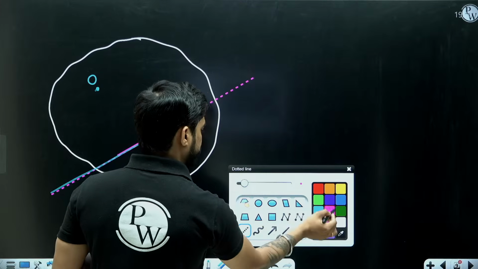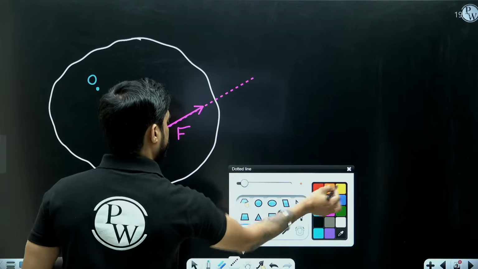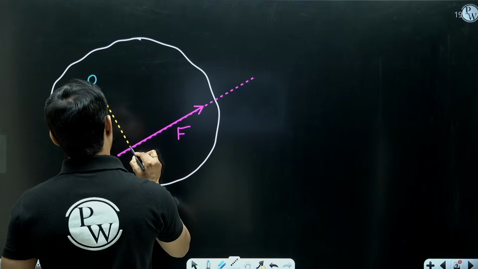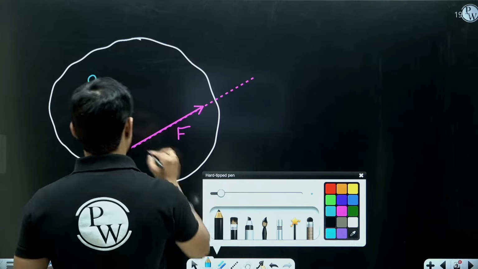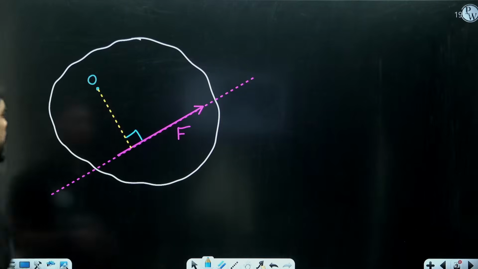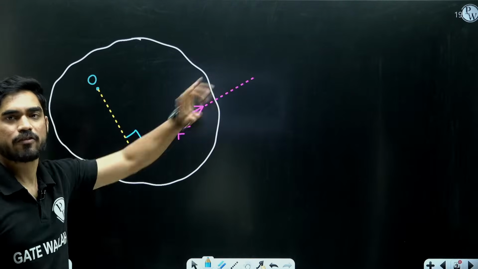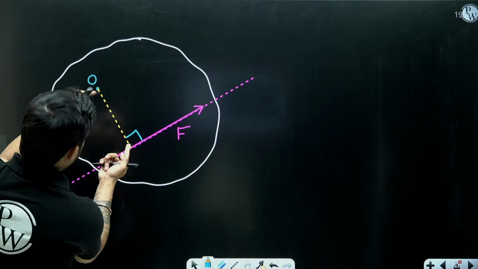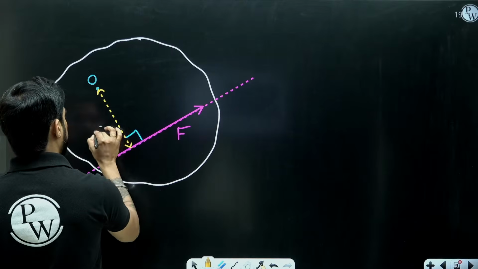So let's say that this is a perpendicular from point O on this. I have drawn a perpendicular from point O on the line of action of the force, and let's say this distance is equal to d.